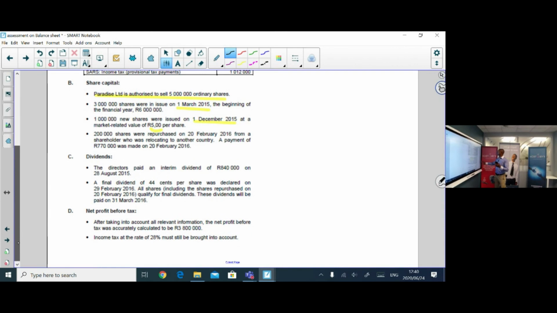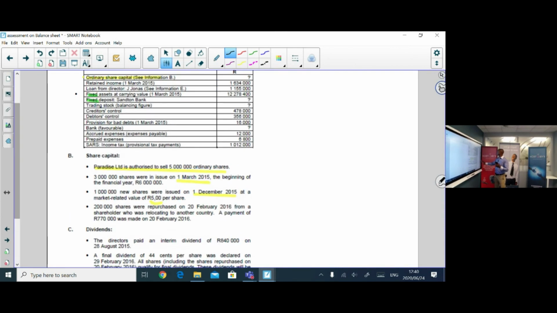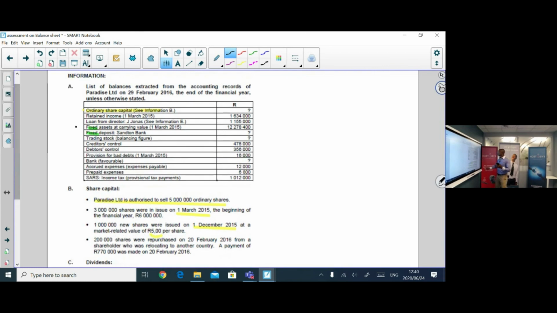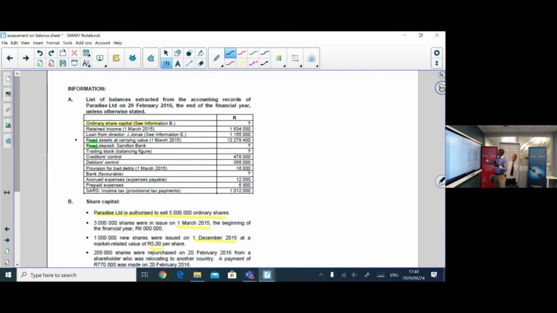We'll get our fixed deposit information soon, I think somewhere here, but let's move on and continue.